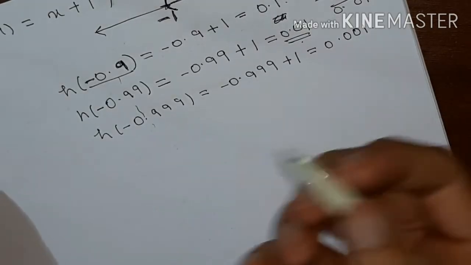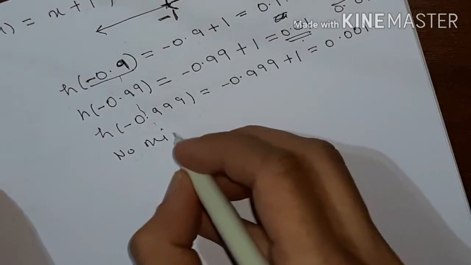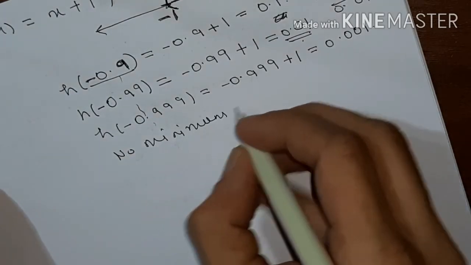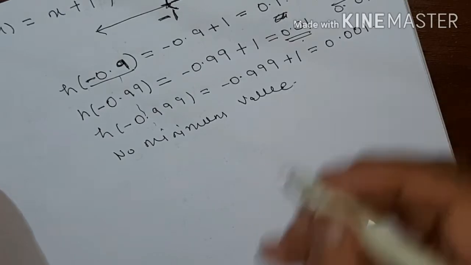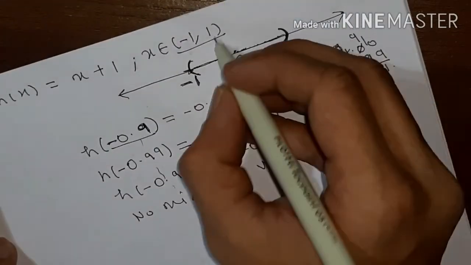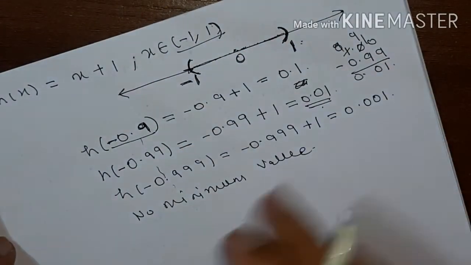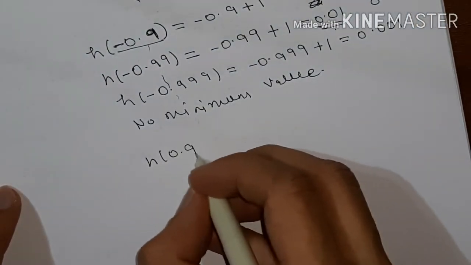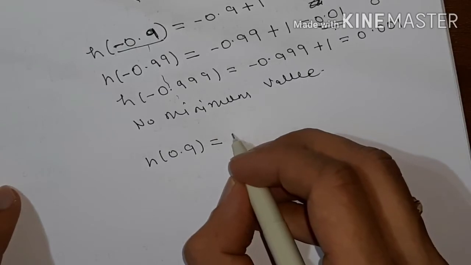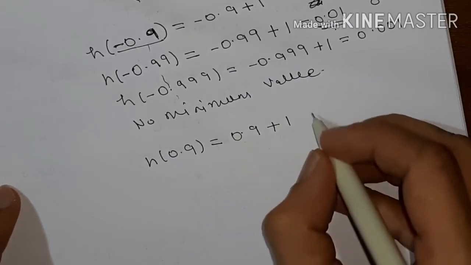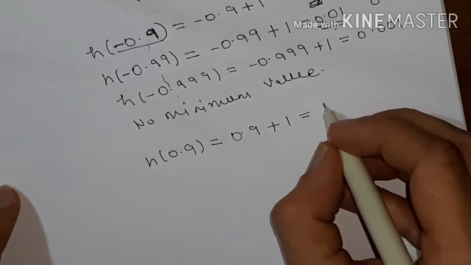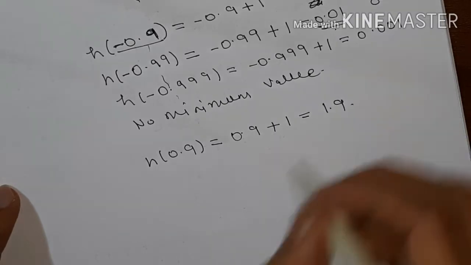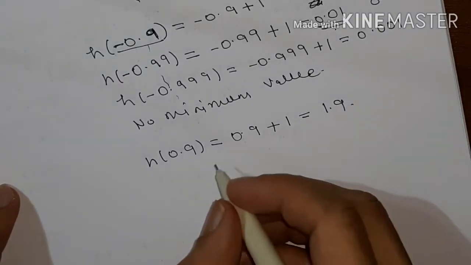So you don't have a minimum value, so no minimum value, right. And also for this, if you take quantities which are very close to 1, so for example, h of 0.9, you will get 0.9 plus 1, which is 1.9, right.